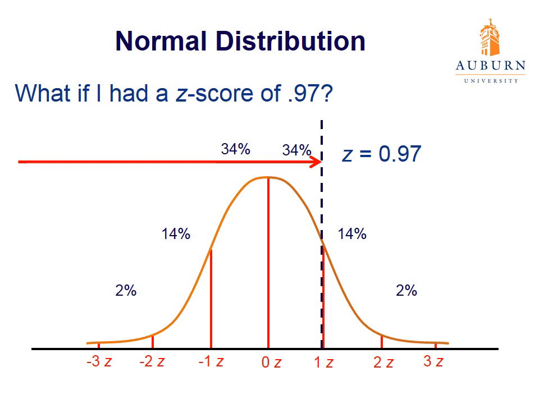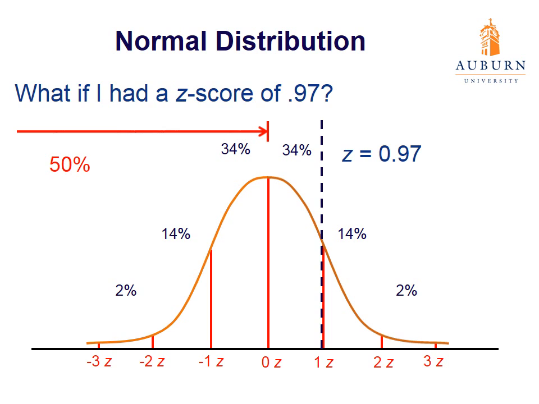And so essentially what we're looking for is the area of the normal distribution that is to the left of a z-score of 0.97. We can rephrase that to say that we want to know the area, or the percent of the distribution, that is from negative infinity all the way up to a z-score of 0.97.